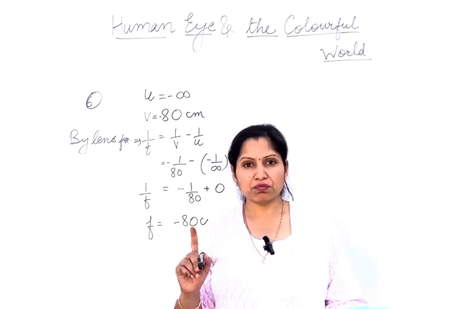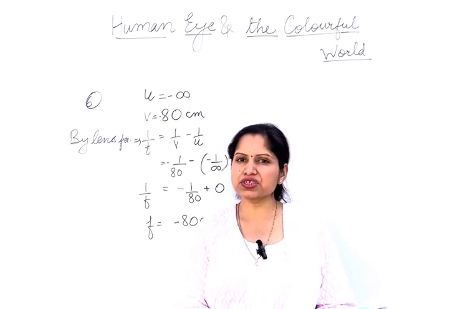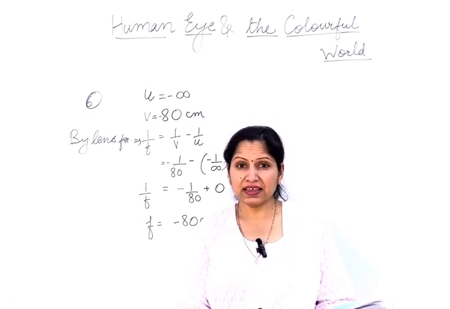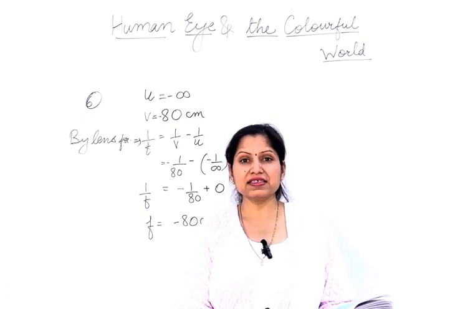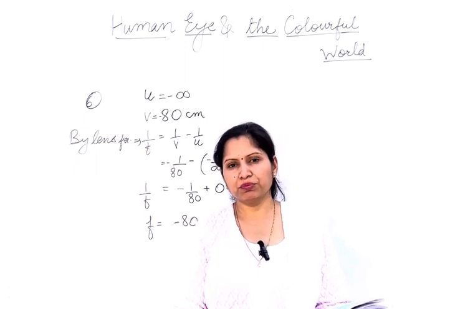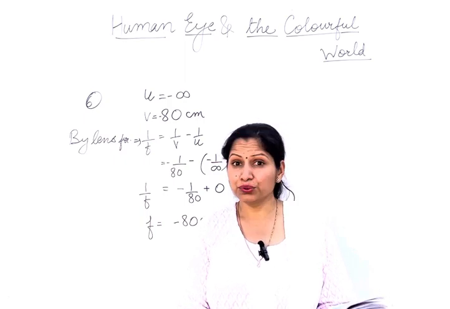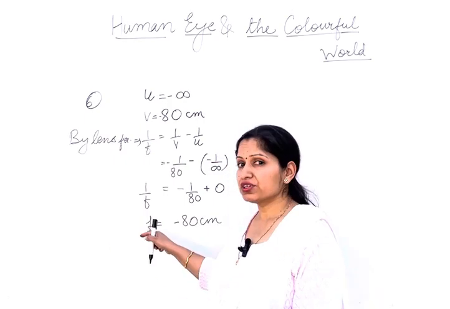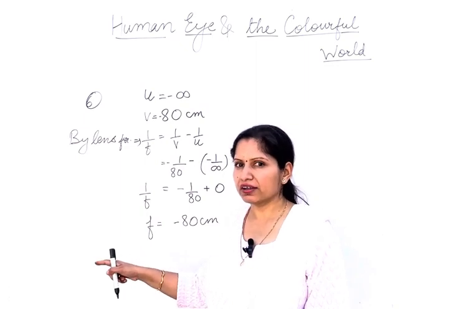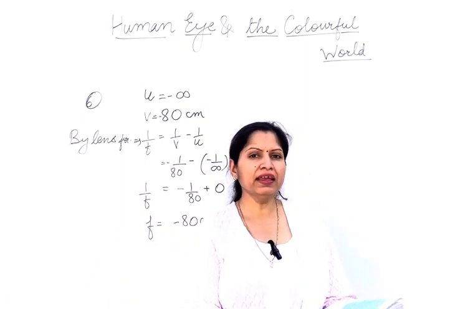But just remember that there will be a minus sign associated because the person is having a problem in seeing the distant objects. Means the person is having myopia or short sightedness. पास की चीजें देख पाता है, दूर का नहीं देख पाता. So the lens prescribed to the person will be a concave lens, and so the focal length will be negative.